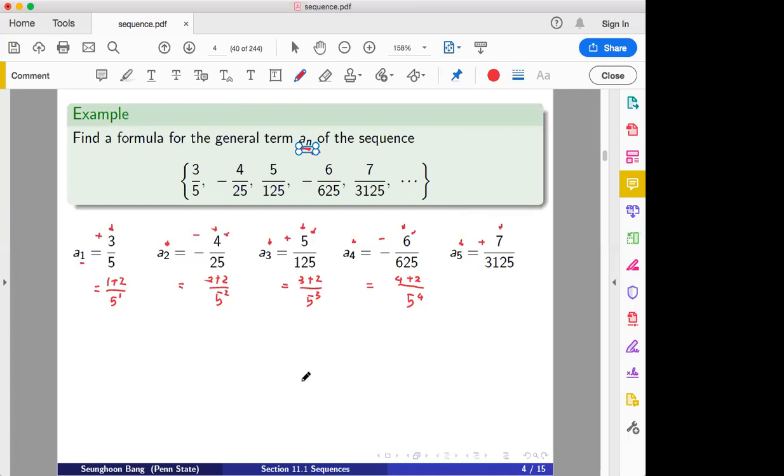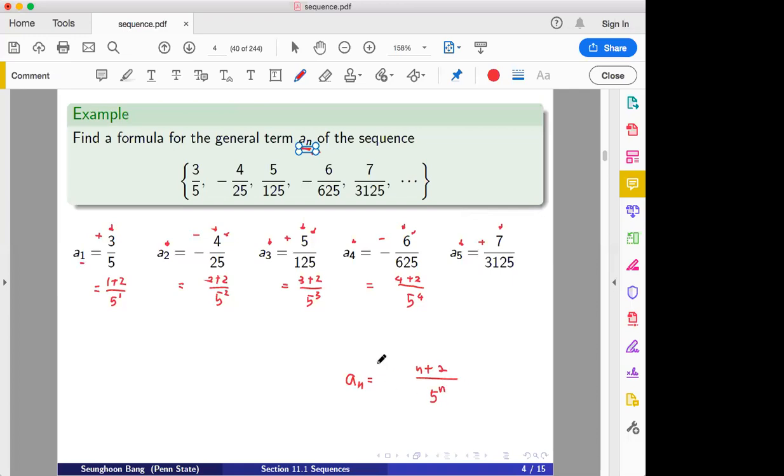Let me see. From here, we can write an as n plus 2 over 5 to the power n. This is the relation.